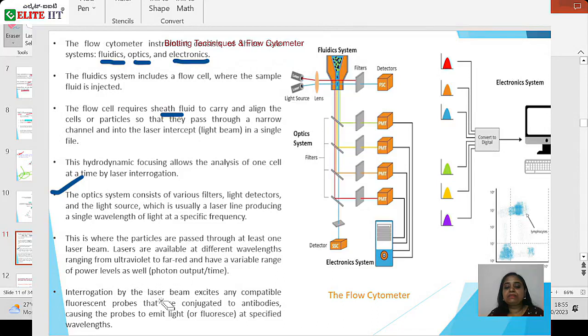Interrogation by the laser beam excites any compatible fluorescent probes conjugated to antibodies, causing the probes to emit light at a specific wavelength, which depends upon the chromophore.